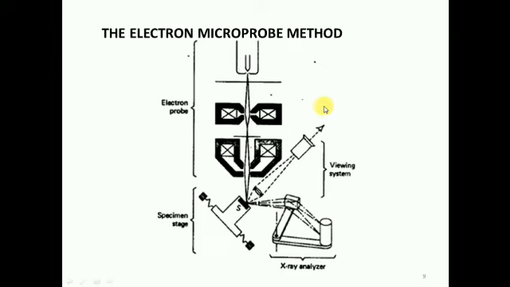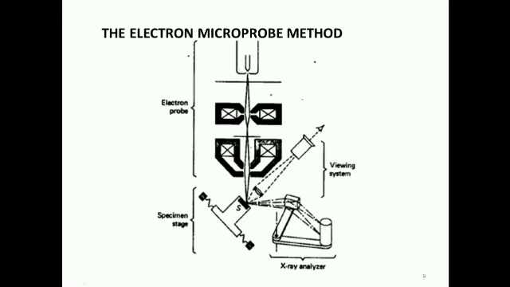Here are three types of radiation: electron beam, light beam, and X-ray radiation or X-ray beam. This instrument requires a vacuum, pressure is about 10 to the minus 5 torr, and works on a wavelength or energy dispersive X-ray spectrometer.